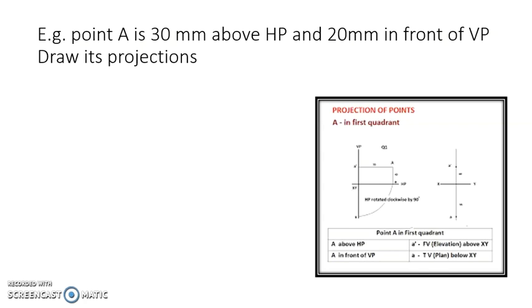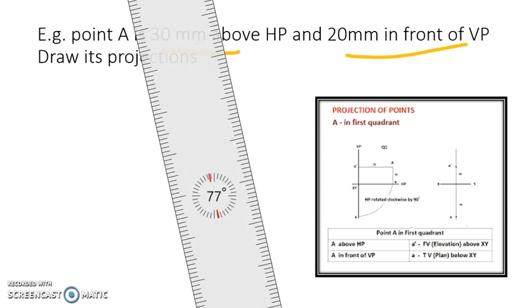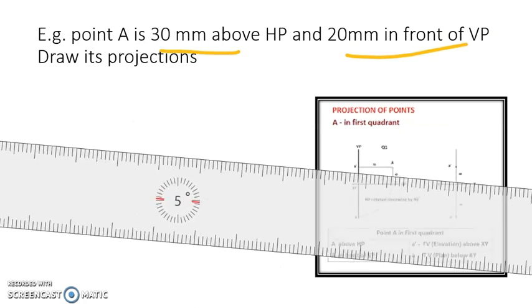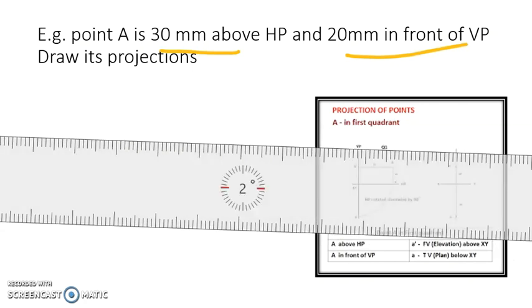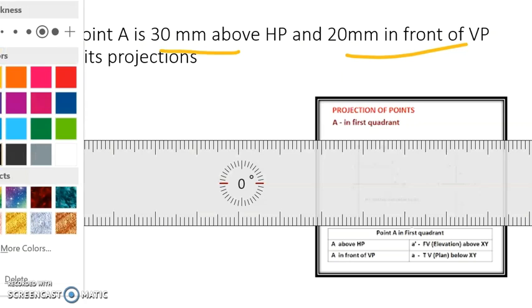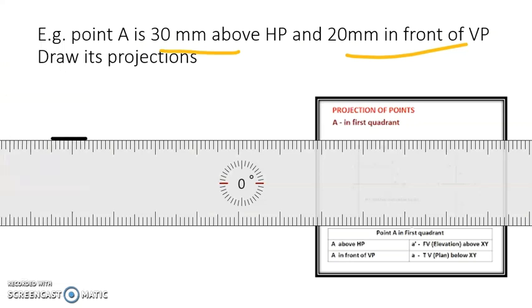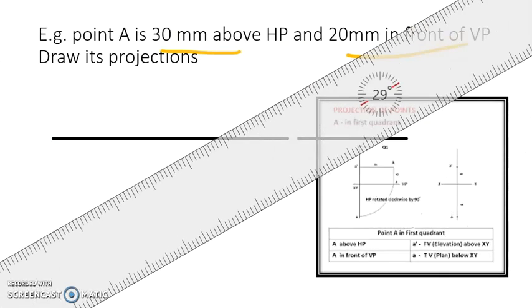So for example, a point A is 30 mm above HP and 20 mm in front of VP. Draw its projections. This is my XY line. Now I have to mark the condition of point, that is 30 mm above.